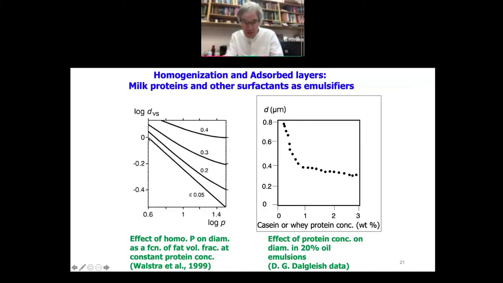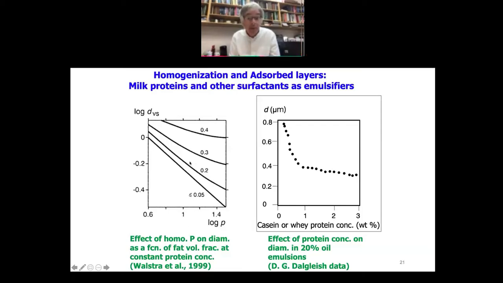And you can see this linear relationship between particle size and homogenizing pressure. However, what's also shown here is the volume fraction of oil that is present. And as the volume fraction of oil goes up, the particle size is going to go up at any given pressure.